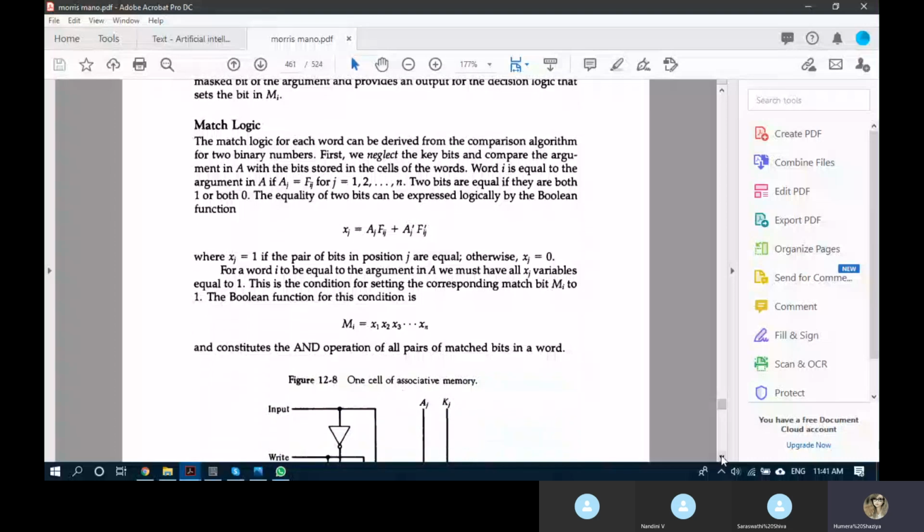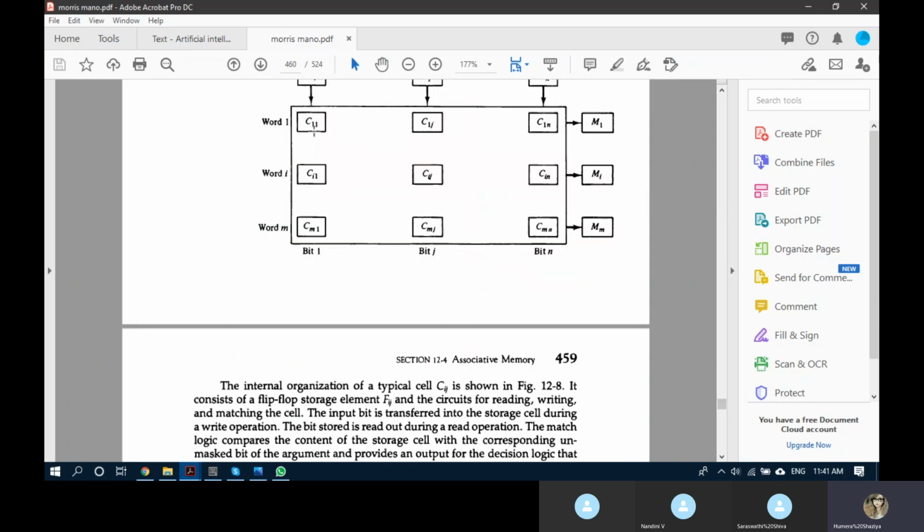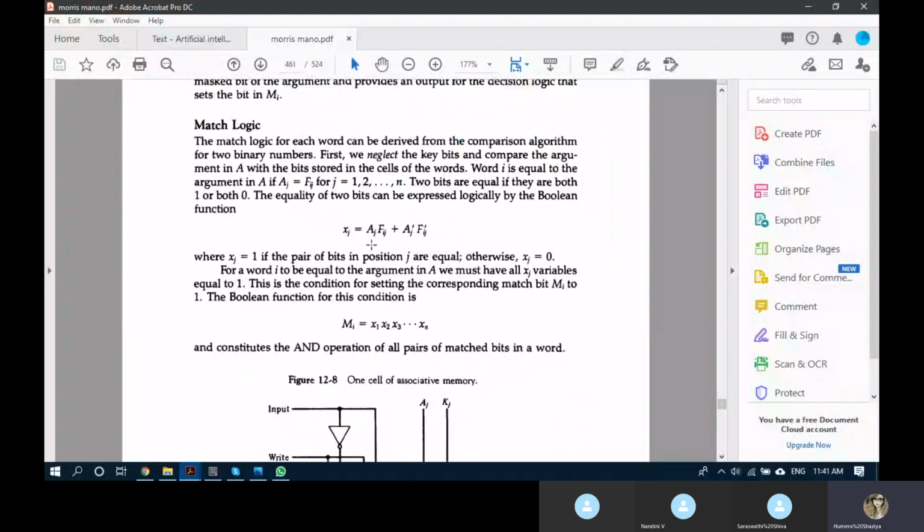The match logic is, what happens if A and F are both 1 1 or both 0 0, only then it gets matched. F can be this, F can be this, F can be this. For the bits in the words, if both match, meaning A is 1 and F is also 1, you get 1 here.